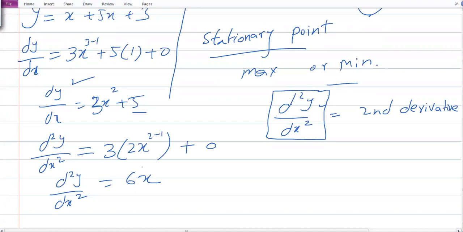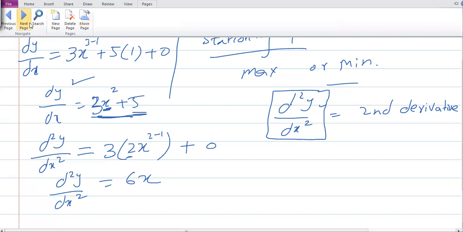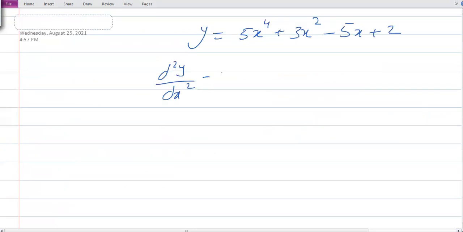Because I'm taking the derivative of this one, for 3 I will write as it is, and for x square, when I take the derivative, I will bring the power down, it becomes 2, and 1 minus from the power. Understood? Because I will use the same method we use for the first derivative. Okay, let's find this one please, and let me know when you complete.